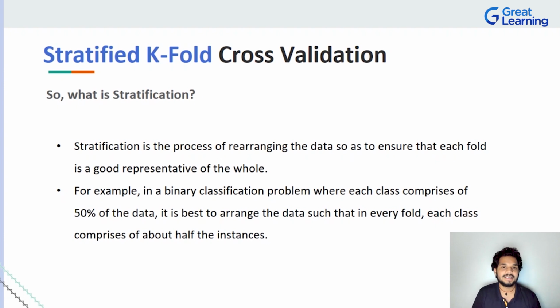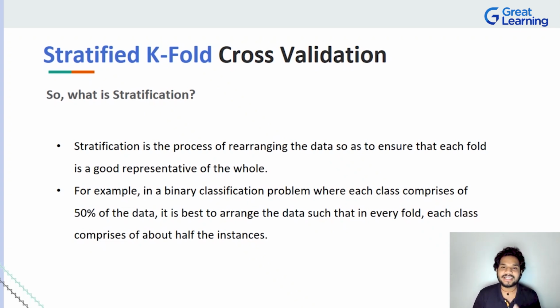So when it learns, especially in a situation where we have to do a binary classifier. A binary classifier just has two classes, an image of a dog, an image of a cat. Now in this particular case, for every fold, don't you think that we can have 50% dog images, 50% cat images, and then use that fold to train, so that it is learning equally in terms of dogs, and equally in terms of cats.